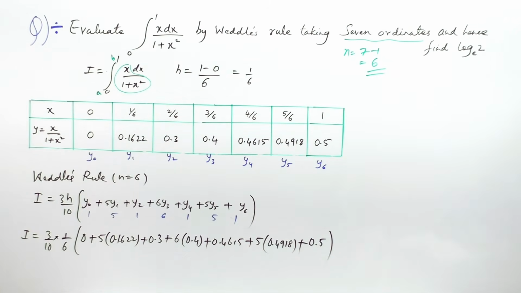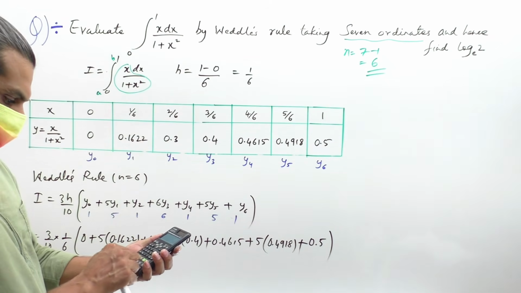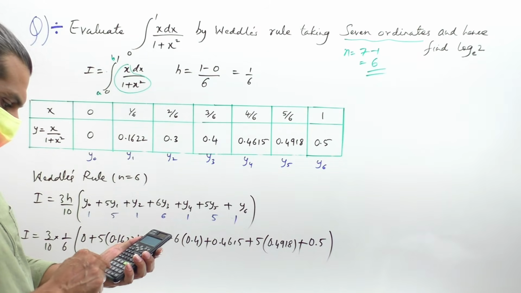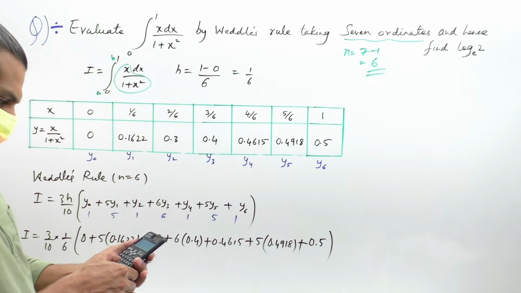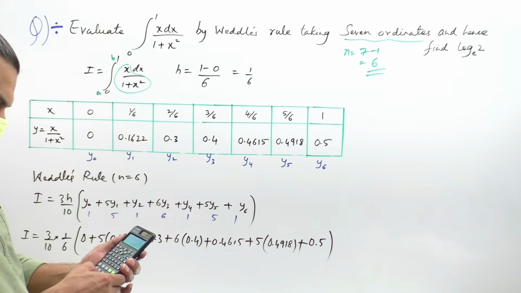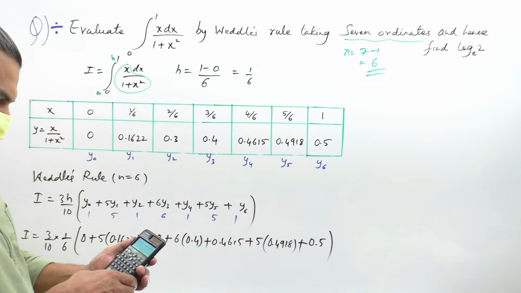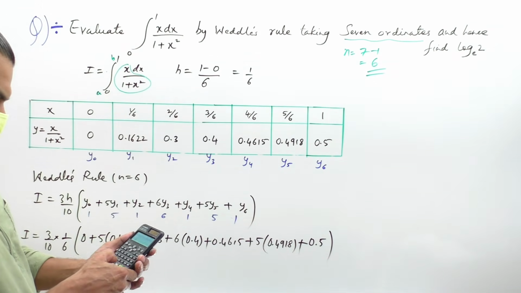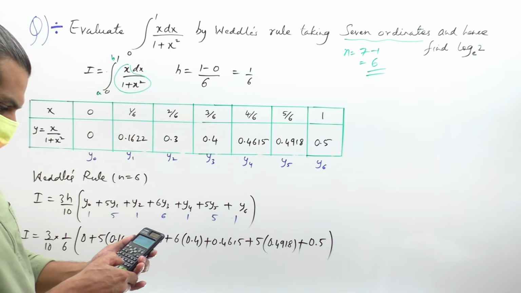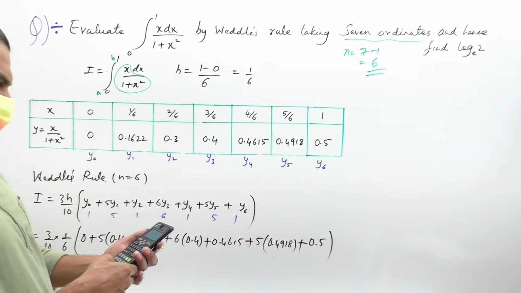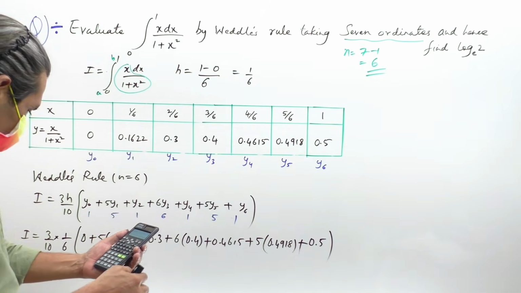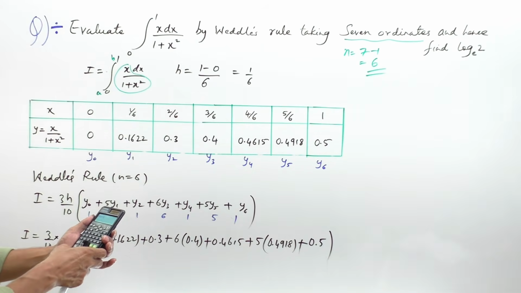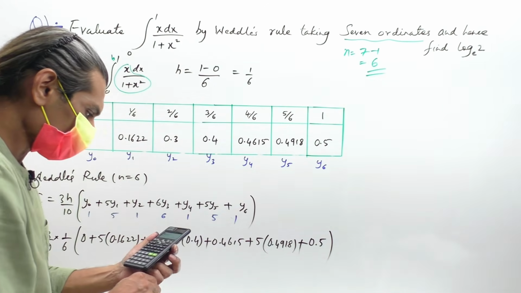That's it. Now let's use our calculator to find the value. 0 plus 5 times 0.1622 plus 0.3 plus 6 into 0.4 plus 0.4615 plus 5 times 0.4918 plus 0.5 equals 6.315, into 3, divided by 60, is equal to 0.3466.